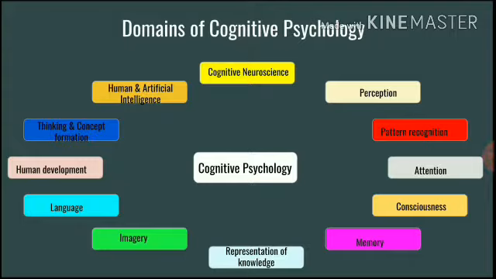Moving on, we're looking at human development. This is again the part where we spoke about how developmental psychology plays a role in cognitive psychology, the sole reason being that with age or with time we change as humans, and the changes that we go through throughout our entire lifespan also have a role to play in the changes it brings about in our cognition.